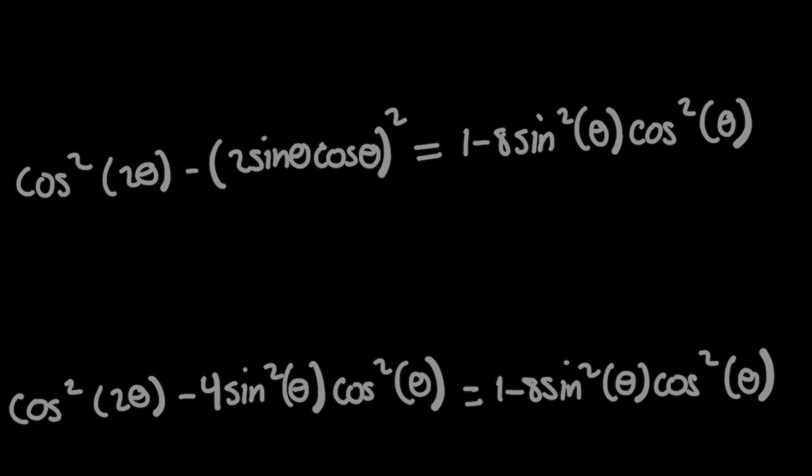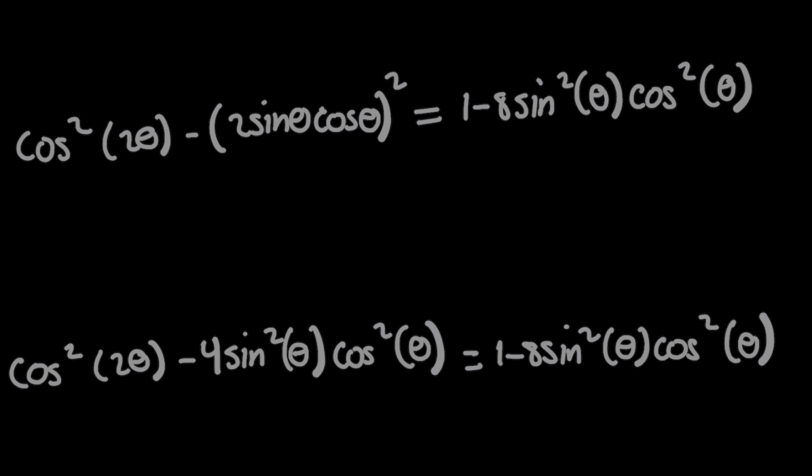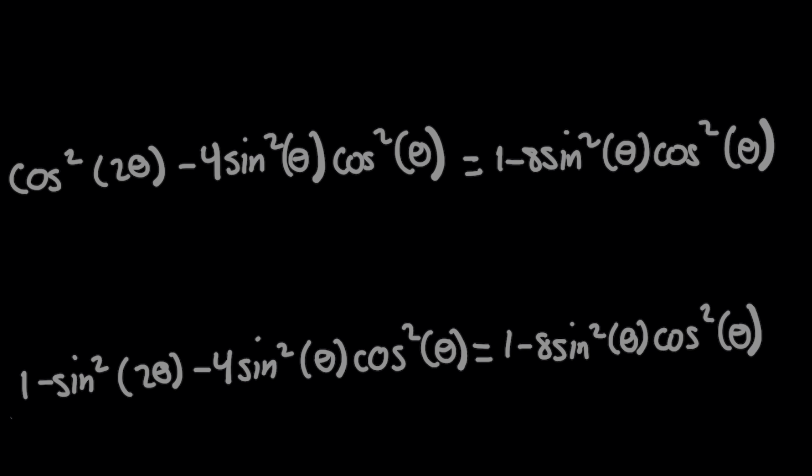And now when you square it, you're going to get on the left-hand side cosine squared of 2 theta minus 4 sine squared of theta cosine squared of theta. Now, there's a hint here because on the right-hand side, we have 1 minus an expression. Now, we don't have it on the left, but think about the sine squared of theta plus cosine squared of theta equals 1 identity.